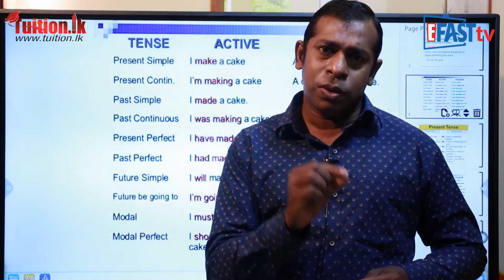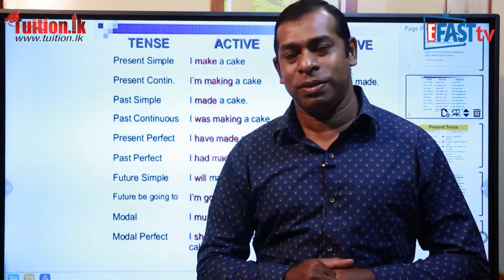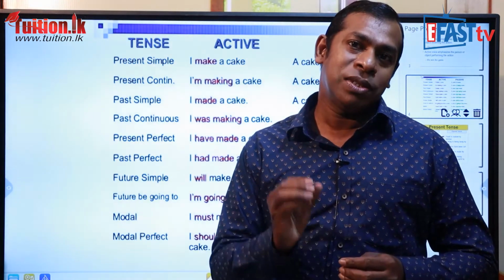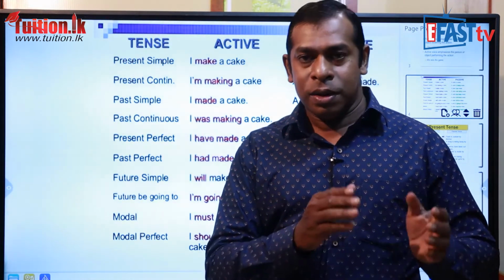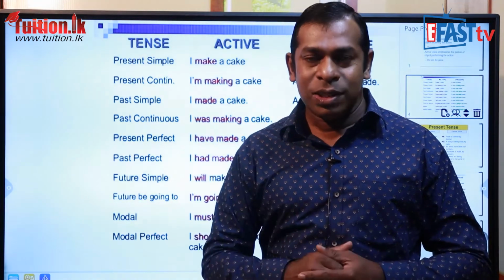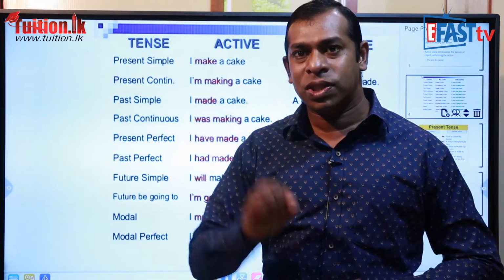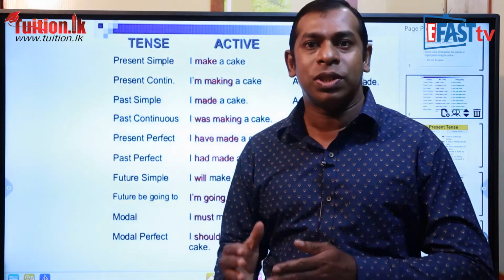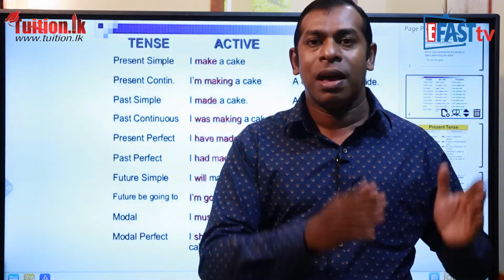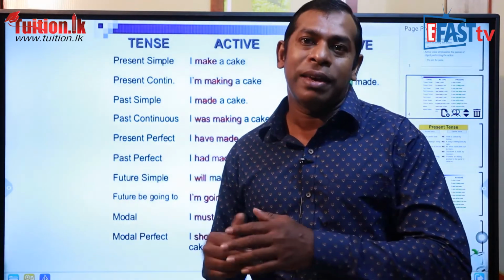Then the verb grow is a transitive verb. So then we can make this sentence into passive. We can answer the question what: what does the child grow? Flowers. So the passive sentence: flowers are grown by the child.